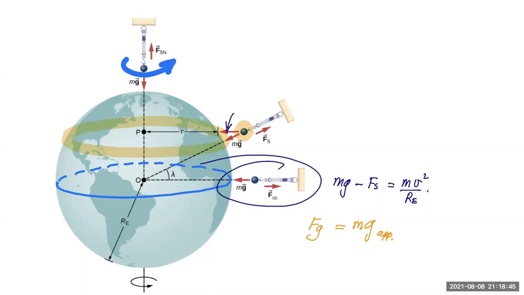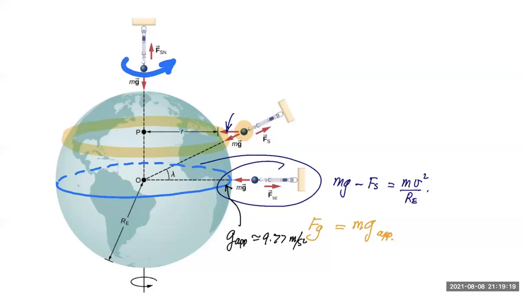The apparent gravity, in fact, is the smallest on the equator because Fs is totally opposite to mg, and therefore, to produce that net force requires a smaller apparent gravity. And g apparent here on the equator is 9.77 meters per second squared.